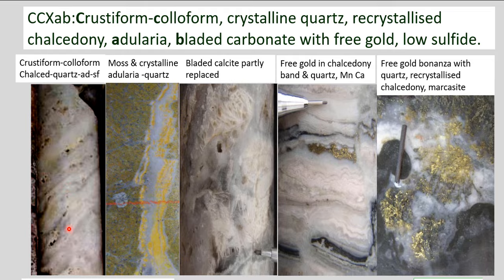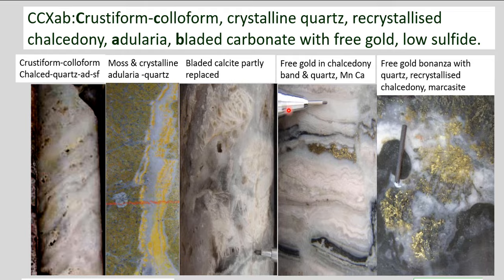The second sample has cobaltinitrite staining that shows up adularia. I think you can see that that's moss to crystalline adularia. It doesn't have proper crystal shape, but it's subhedral, if you like. The third one has carbonate blades, and they're still carbonates in there, preserved in amongst grey chalcedony and fine sulfide.